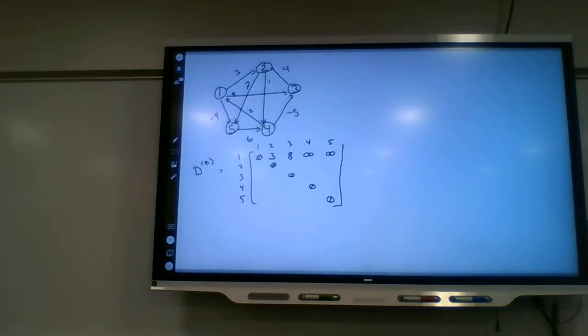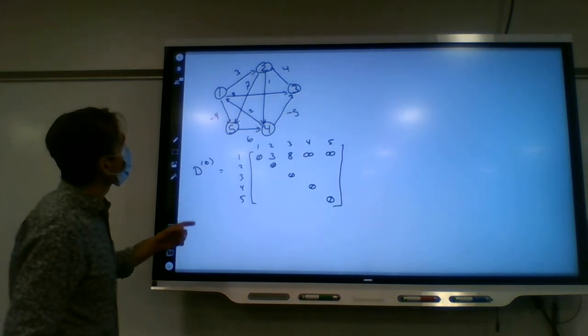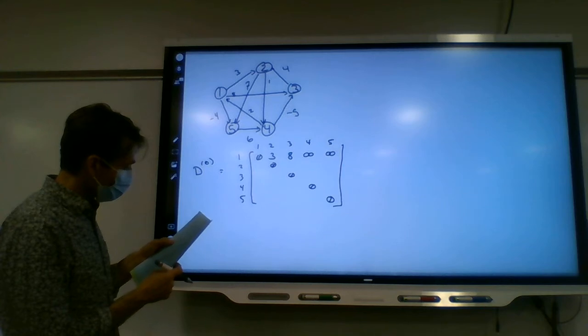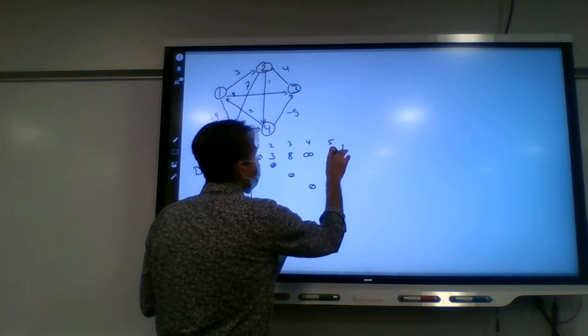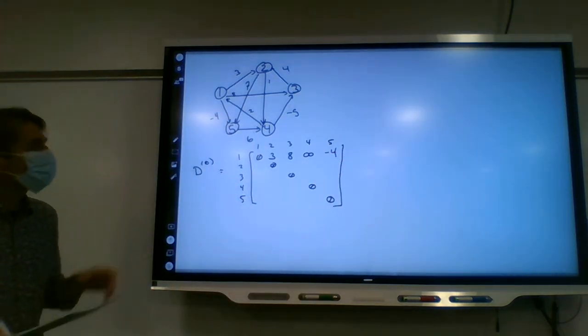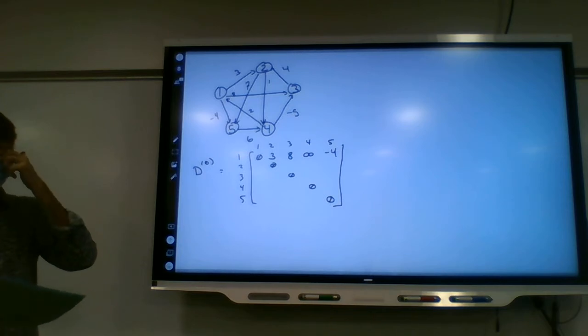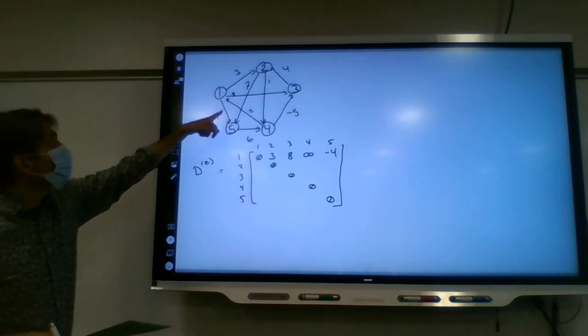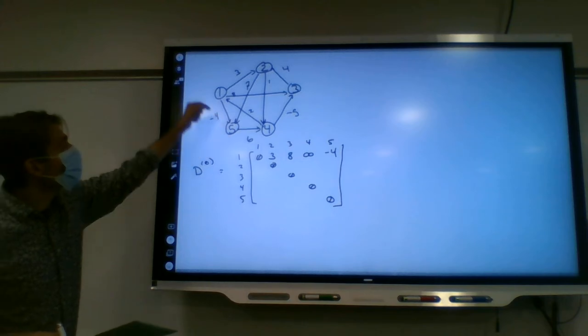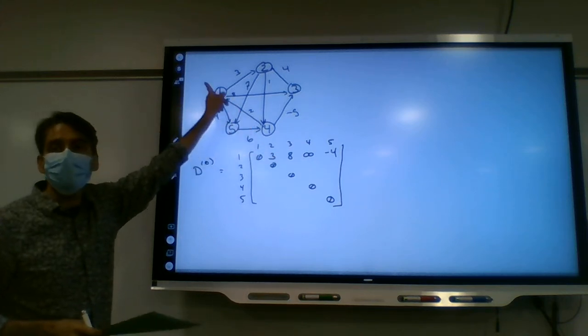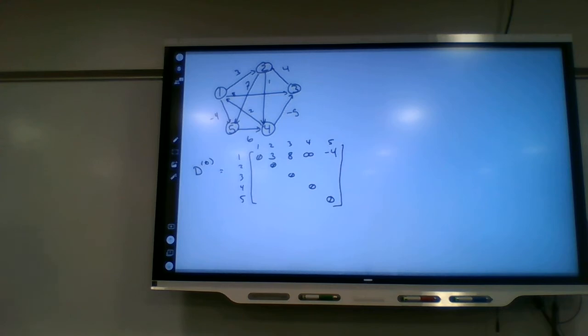Those are infinite. Just like we did with Dijkstra's algorithm, if you don't have the length there yet, it's infinity. Actually, I put that the wrong direction. Not that one. That one's -4. I looked at that arrow and thought, oh, they both point at 1. No, this one points at 5. That's a -4. This one is the infinite one, because it points from 4 to 1. You can't get straight from 1 to 4.